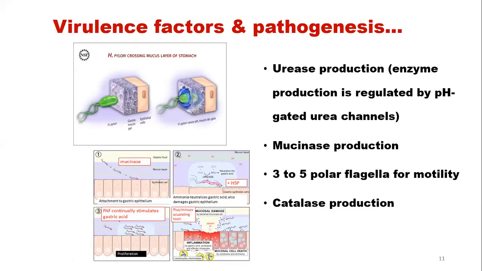And the effect of this is to make the mucin less gelatinous. So the mucus that is being produced becomes more watery, less viscid. When it is less viscid, the organism can swim faster or can drill its way faster down to the epithelial cells.